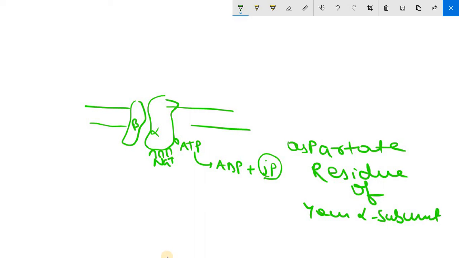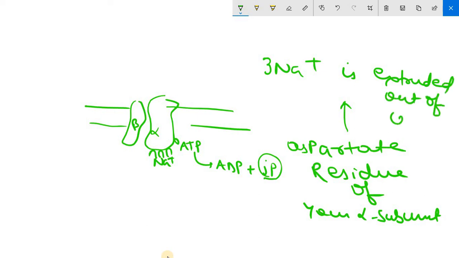The phosphorylation of aspartate will produce a conformational change in which 3 sodium is extruded out of the cell. So 3 sodium is extruded out of the cell after the phosphorylation of the aspartate residue of your alpha subunit.